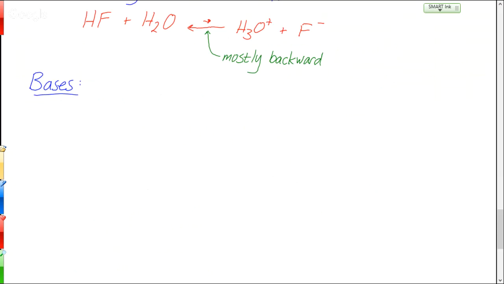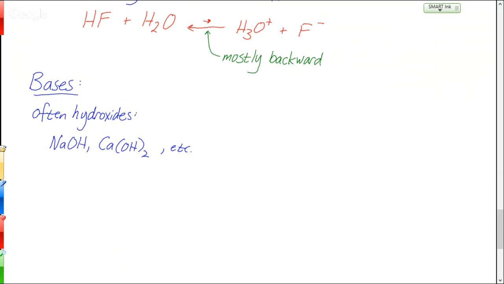Most of the molecules that we're going to encounter that we're going to call bases are hydroxides. So things like sodium hydroxide, calcium hydroxide, potassium hydroxide, etc.